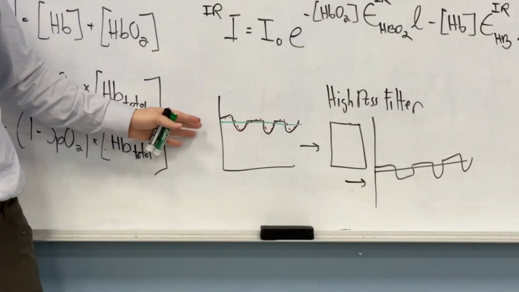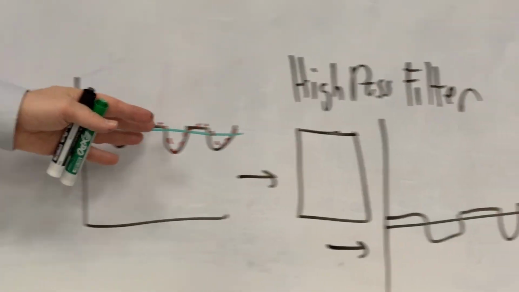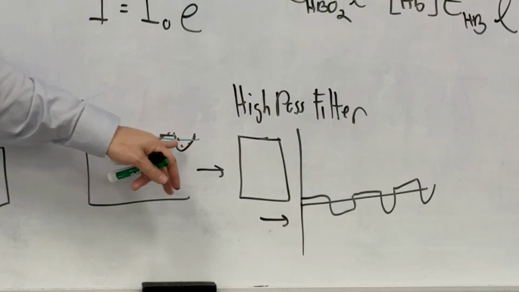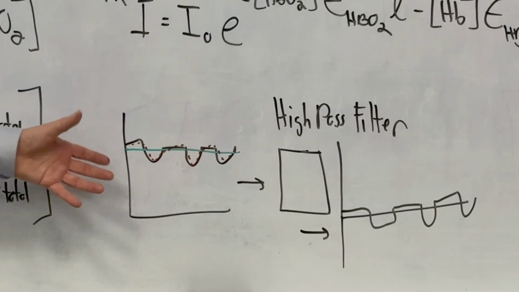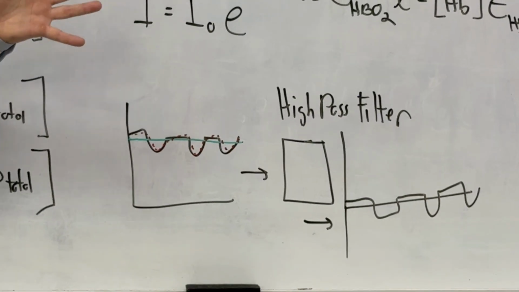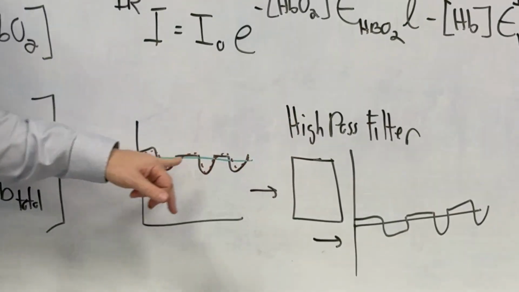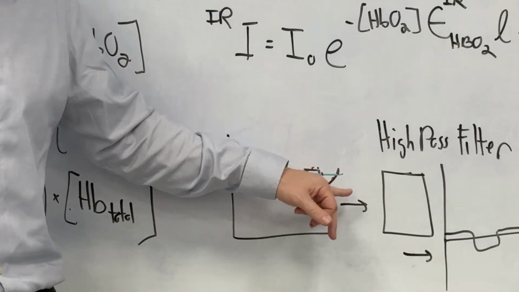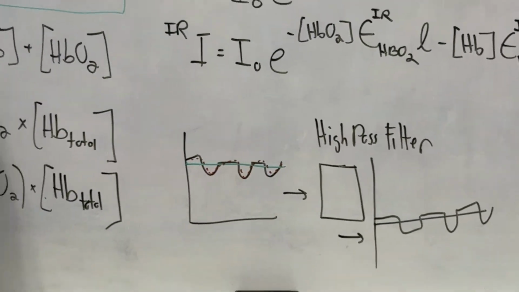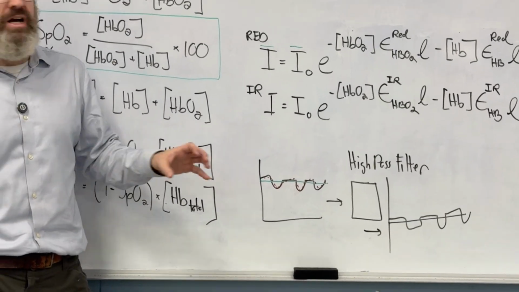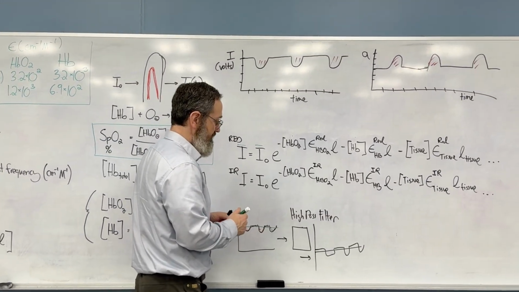It doesn't get any slower than DC. You can think of it as a 0 hertz sinusoid. And then here we have another sinusoid, let's say 1 hertz. If I want to separate these out, I need a high-pass filter, because a high-pass filter will let the thing that changes through and will not let the thing that does not change get out. Does that make sense? So the high-pass filter extracts this.